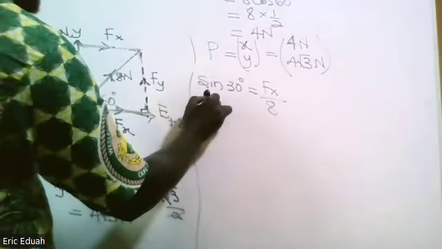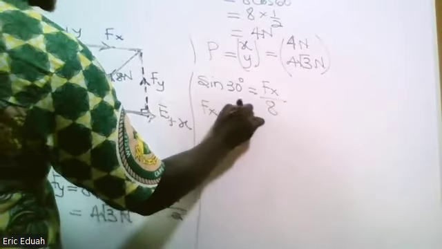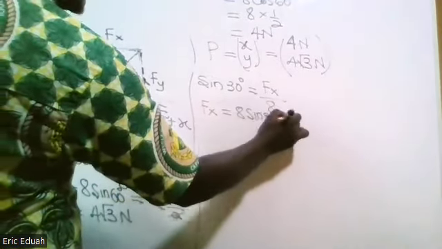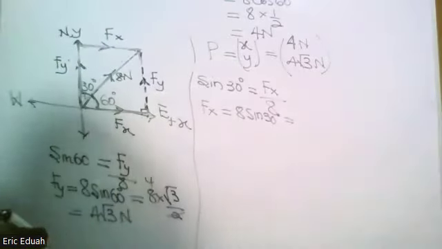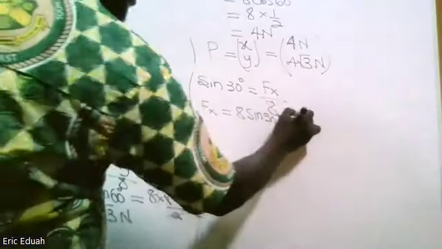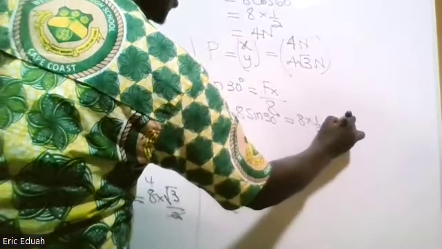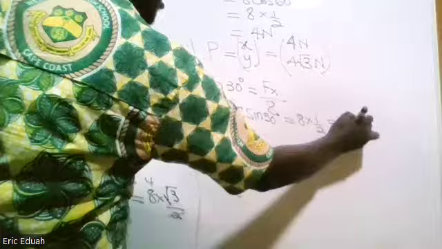Therefore, Fx is equal to 8 times sine 30. Sine 30 is equal to half, and so I have 8 times half, which is equal to 4 Newton.